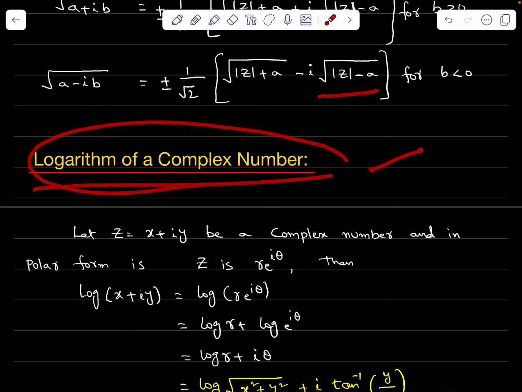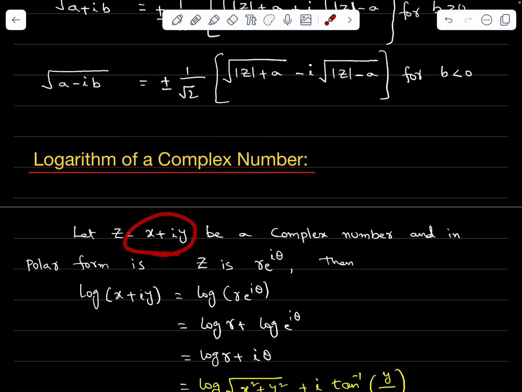Logarithm of a complex number. Z is equal to x plus iy be a complex number, and in the polar form z is equal to r into e power i theta. Then you can take logarithm on both sides: log (x plus iy) is equal to log (r into e power i theta). Log ab is equal to log a plus log b to the base e.